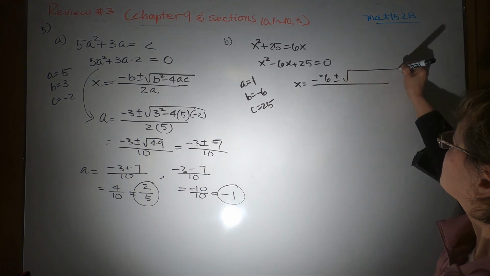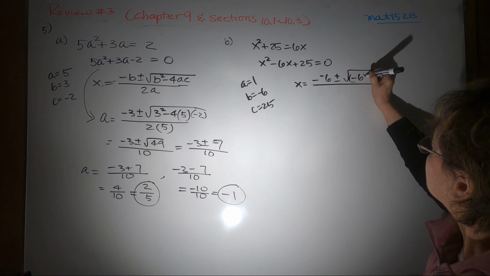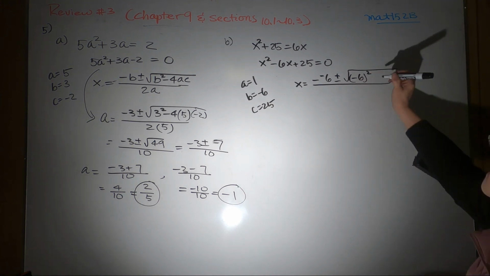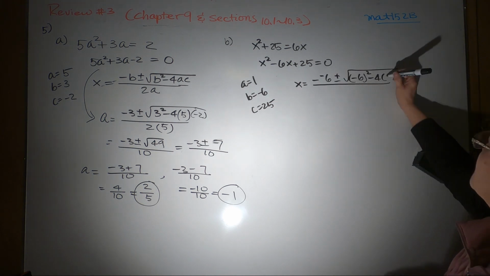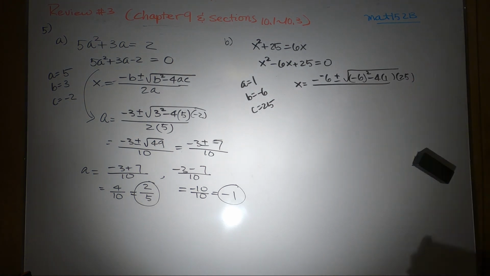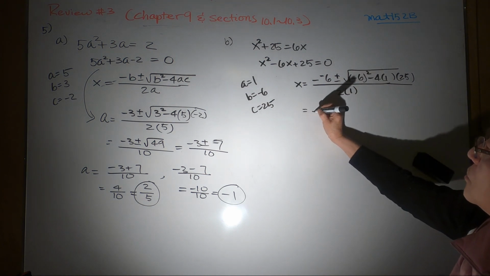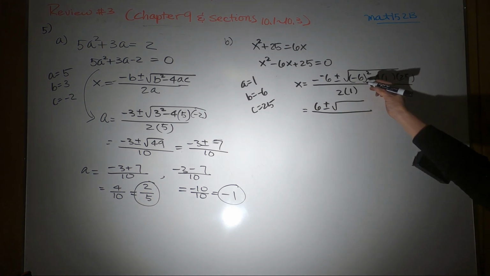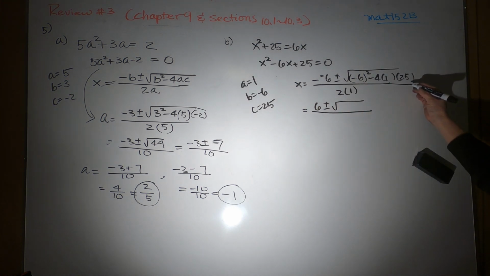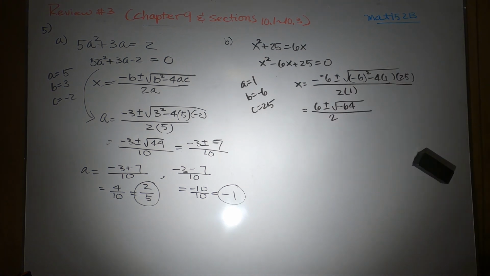Plus minus the square root of b squared. b is -6, put parentheses around it, right? Minus 4ac. a is 1, c is 25, right? Over 2a. a is 1. So what do we have? 6 plus minus the square root of 36 minus 100, which is what? -64, over 2, right?